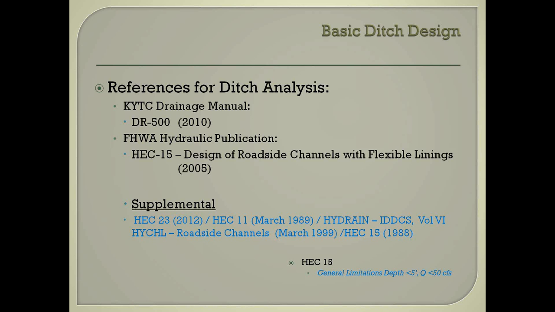This is referenced both in HEC 11 and in the KYTC drainage manual, a table for vegetation. It can be used beyond that, but it's cautionary that the n value approaches maybe are not required in those situations.